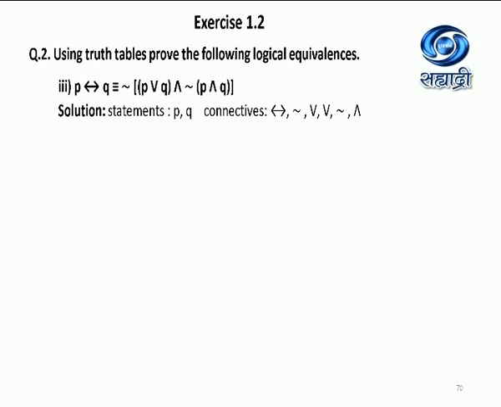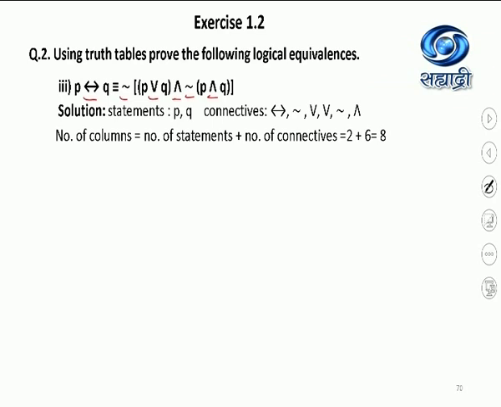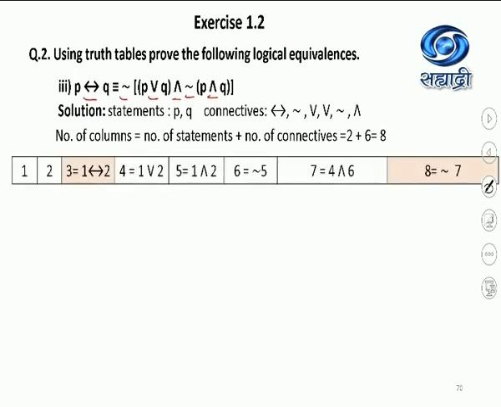And count the connectives right from the left hand side, which will be biconditional, negation, or, and negation, and. So count the statements and connectives. You will see there will be 2 plus 6, 8 columns in the truth table. Now we construct the truth table with 8 columns.